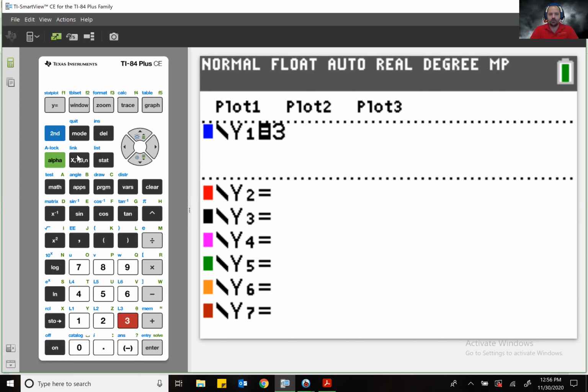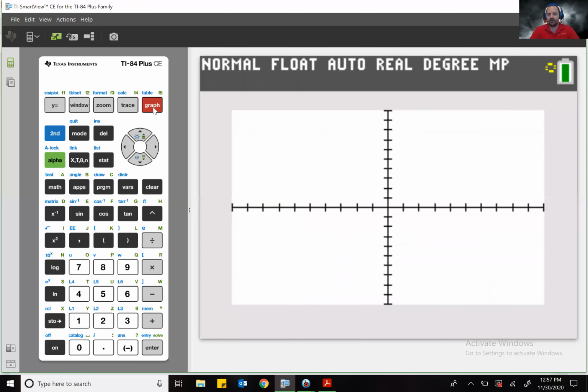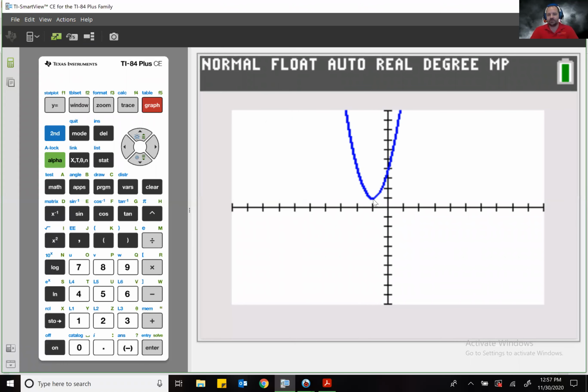So 3x squared plus 6x plus 4. Hit graph. And there's our vertex. You can see it plain and simple. It looks like it is negative 1, comma 1.